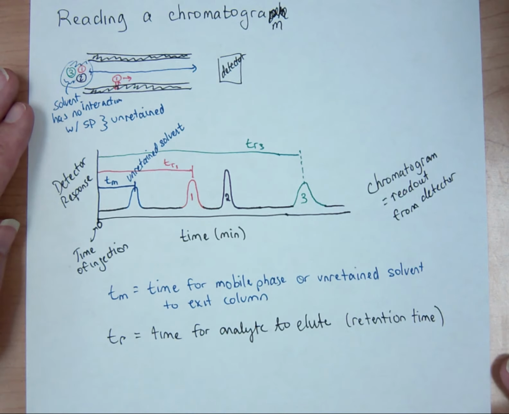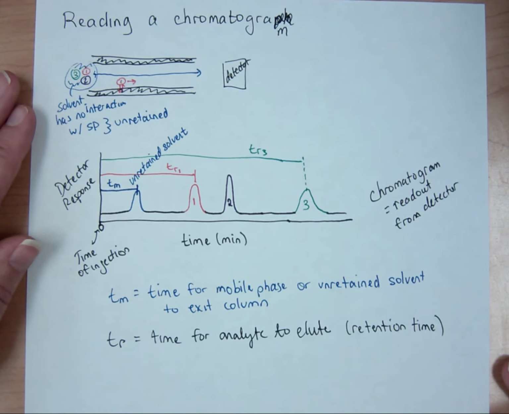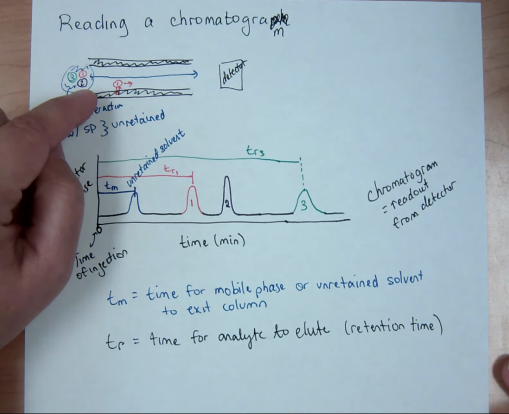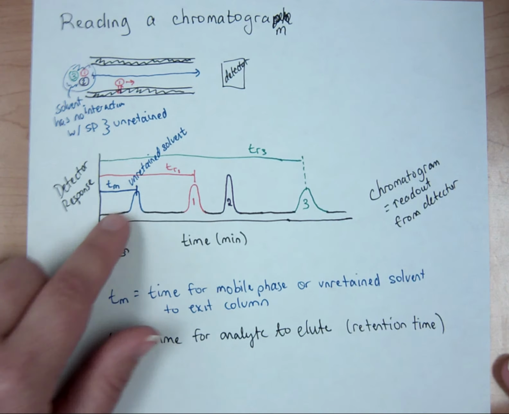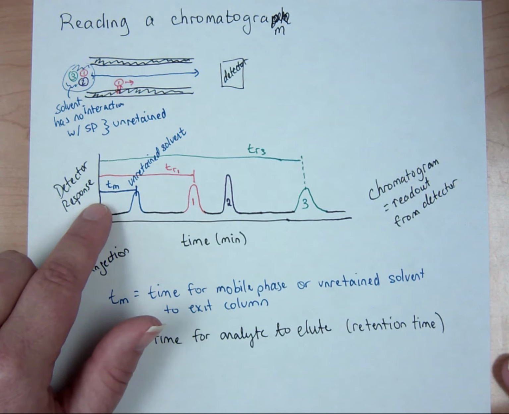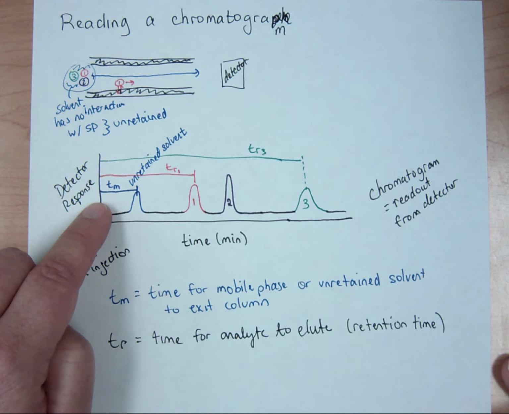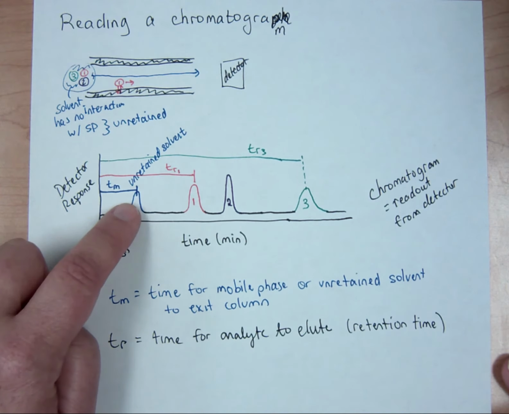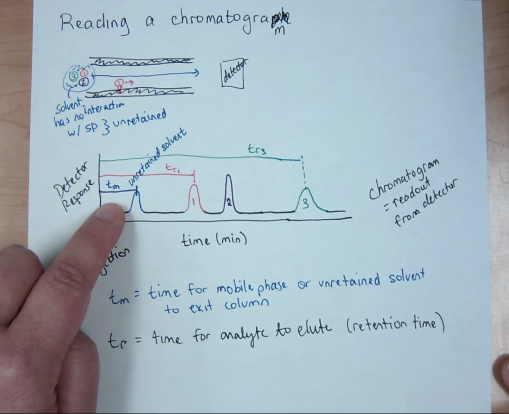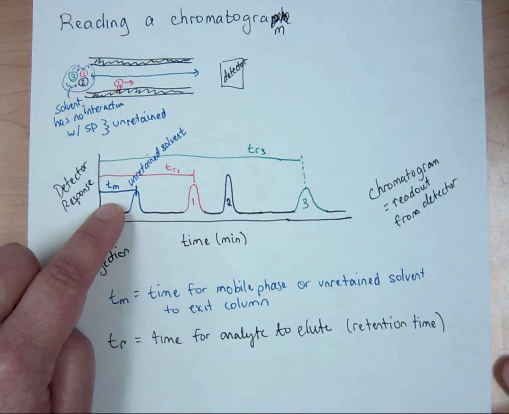But sometimes if we have a really long column or a lot of tubing that goes between our column and our detector, this amount of time for the unretained solvent can vary, right? If you've got a long piece of tubing, it's going to take it a long time to make it out. And so you just have a longer kind of dead time here where nothing's going to come out because even our unretained species haven't made it out yet.